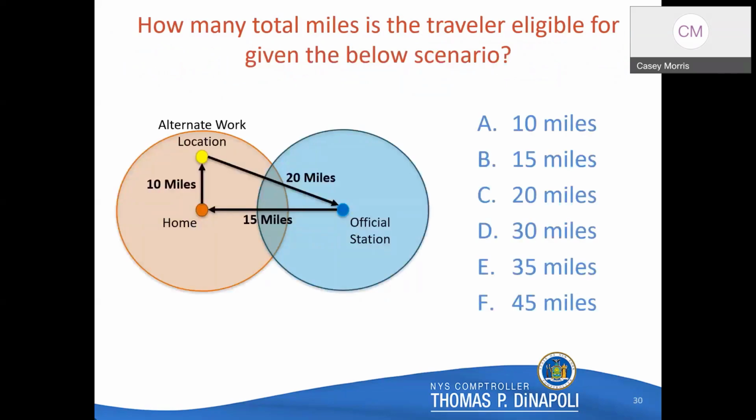Next question. How many total miles is the traveler eligible for given the below scenario? Is it A, 10 miles, B, 15 miles, C, 20 miles, D, 30 miles, E, 35 miles, or F, 45 miles? Seeing some B's, some D's.